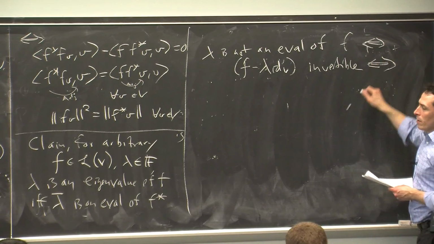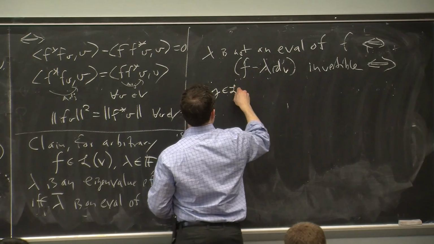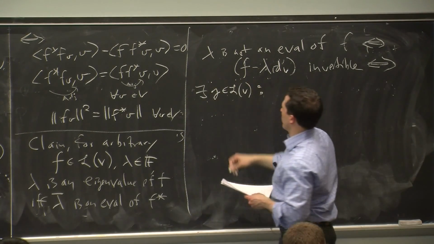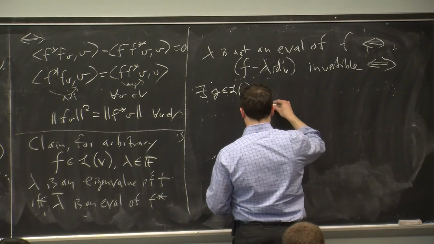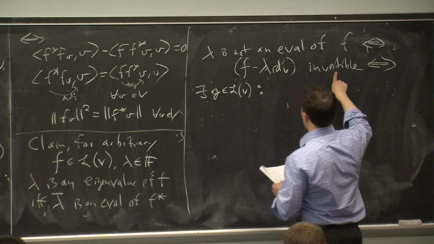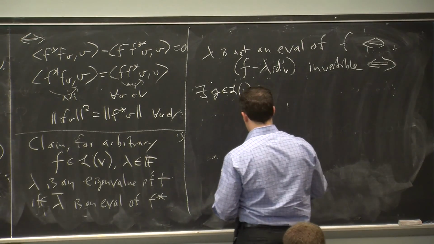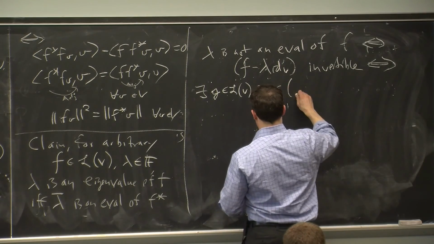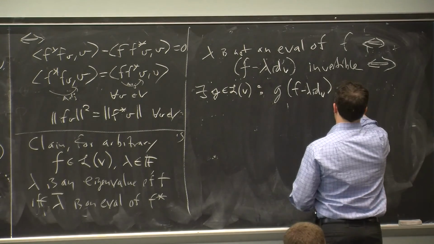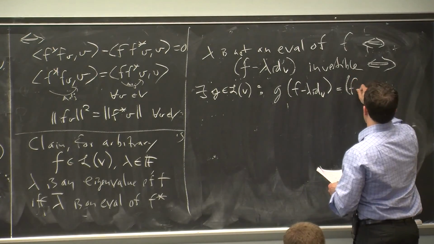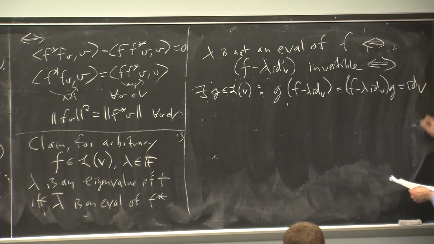To have an inverse means there exists a g, also an operator, and remember this is invertible because we're in the world of operators, such that g times this operator f minus lambda I_V equals the identity on V, with the inverse working on both sides.